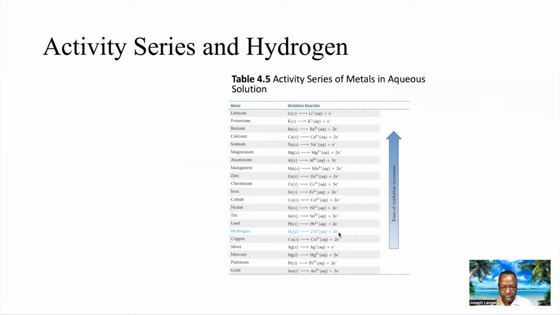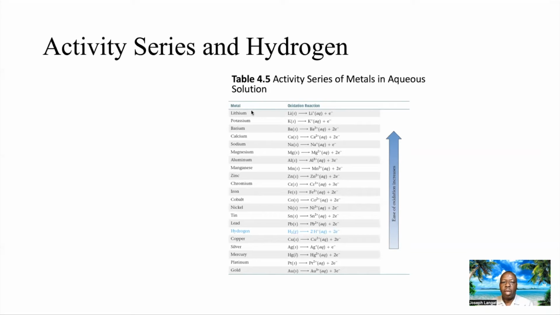That's why it's highlighted here. They are listed in oxidation state. In other words, each one of them is losing one or two or more electrons, positively charged. They are listed in oxidation state.